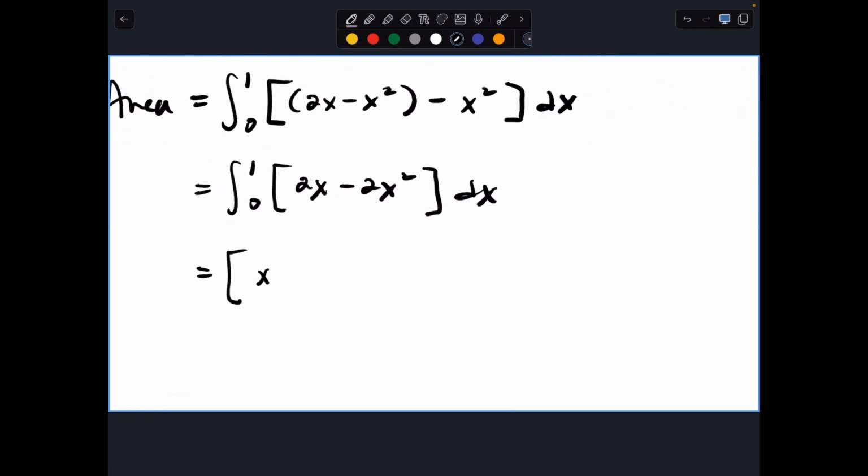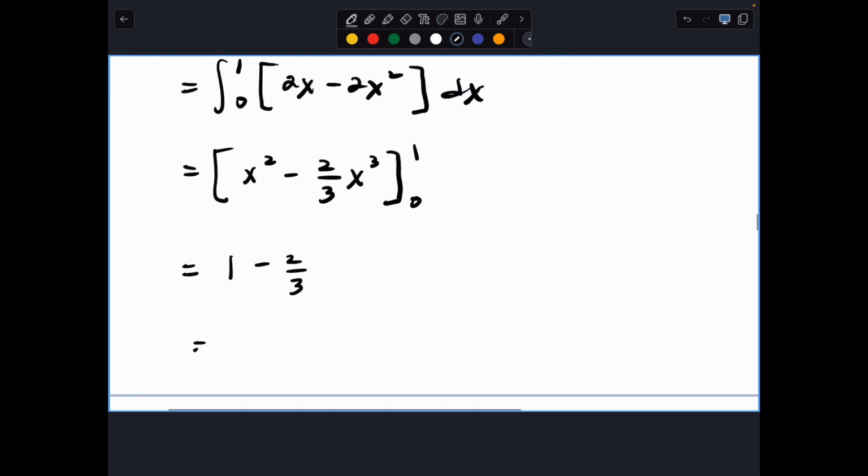So that's x squared, minus 2/3 x cubed. I got negative 1/3. Well, it's area, so it shouldn't be negative.